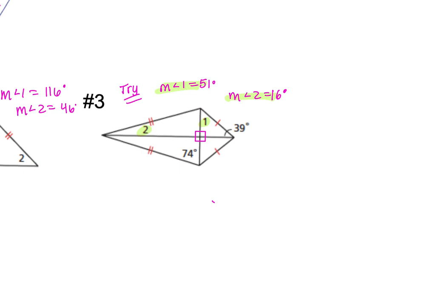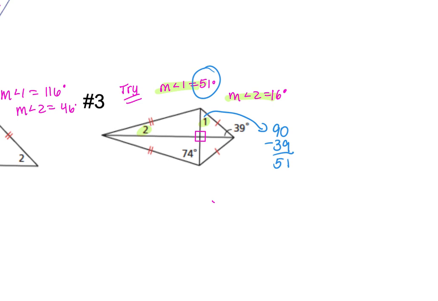Okay, exercise 3. I'm given that this angle here is 39 degrees. I know angle 1 plus this angle, since this is a right triangle, must sum to 90. So angle 1 should be 90 minus 39, or 51 degrees. That's what angle 1 is.